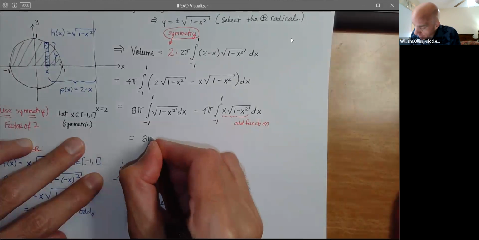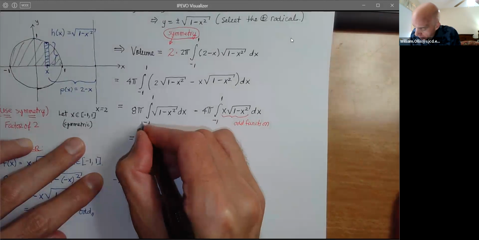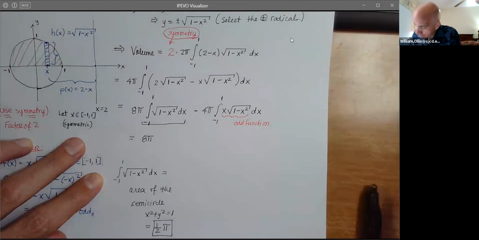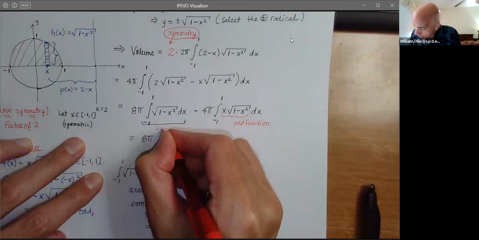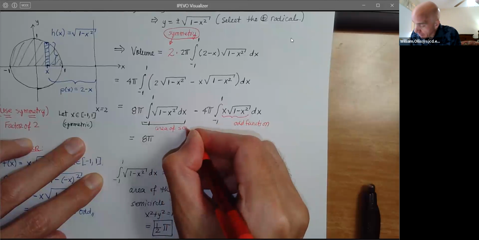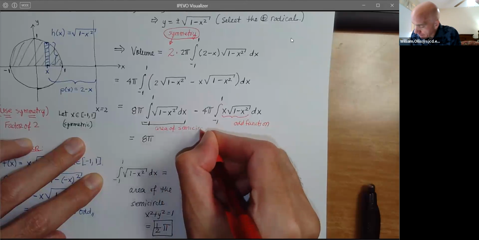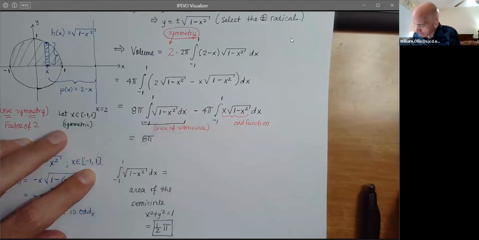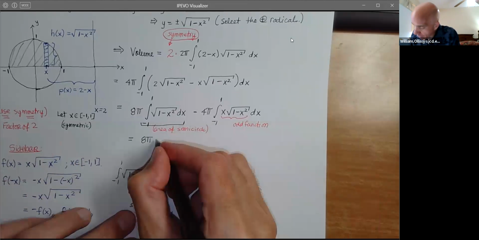Let's fill everything in. Again, this is, I'll write this down, area of semicircle. And so we get 1/2 pi.